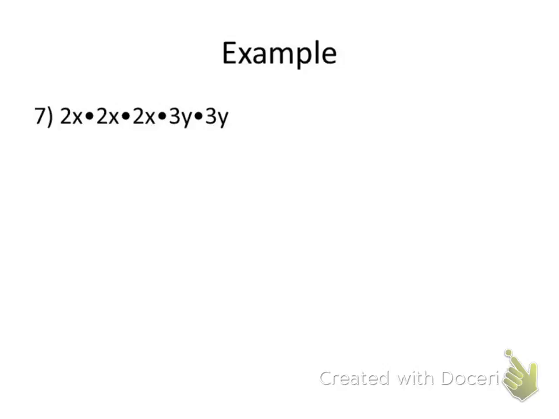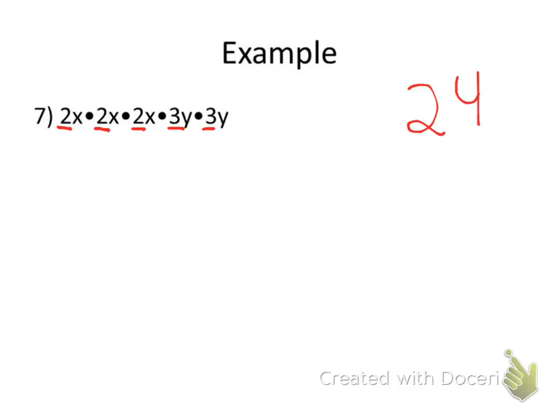All right, in the front, we have some regular old numbers being multiplied. You might need a calculator. These are starting to get big. What is 2 times 2, times another 2, times another 3? 24. And what's 24 times 3?